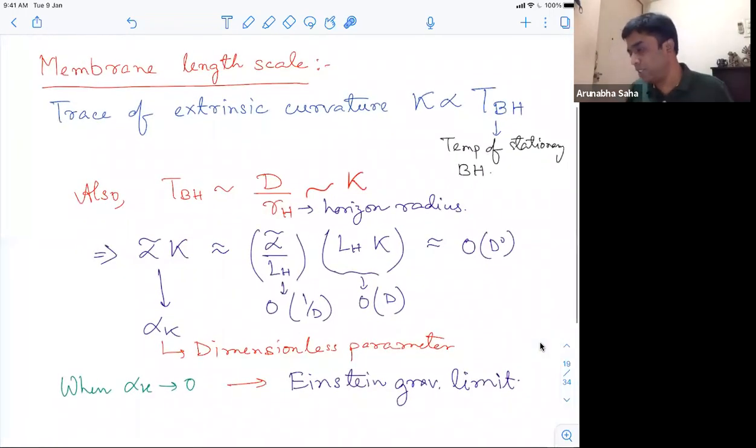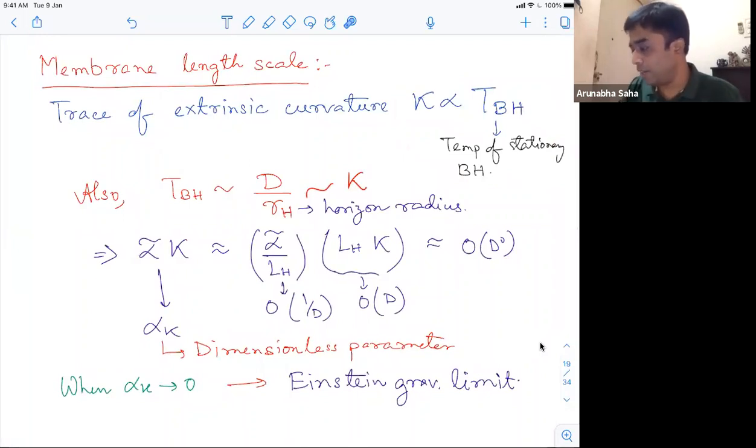Now, how do I use this? The trace of the extrinsic curvature of the membrane, which is proportional to the radius of curvature, is actually equivalent to the temperature of the black hole when the black hole is stationary. This has been shown earlier.